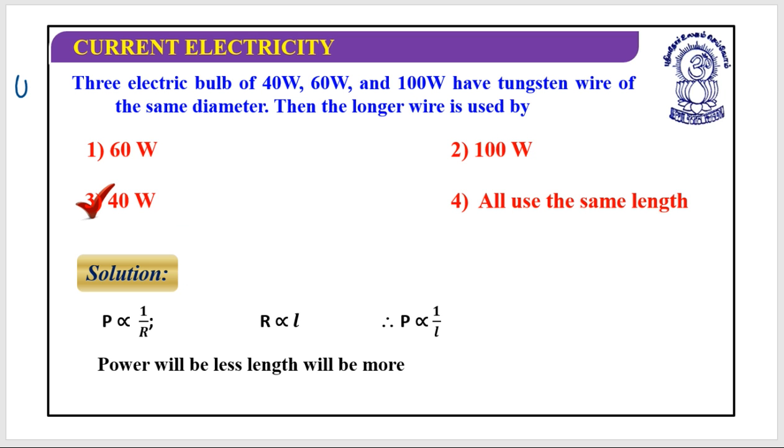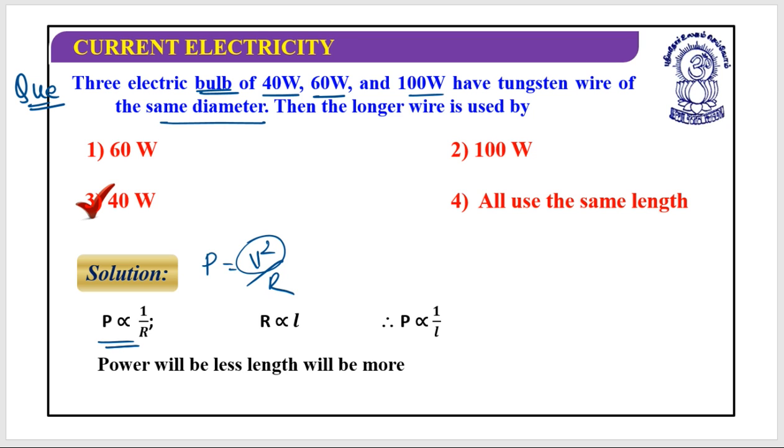Let's have this. The question is that 3 electric bulbs of 40, 60 and 100 watt have tungsten wire of the same diameter. Which bulb uses the longer wire? We understood that P is equal to V square by R, and their voltages must be the same.